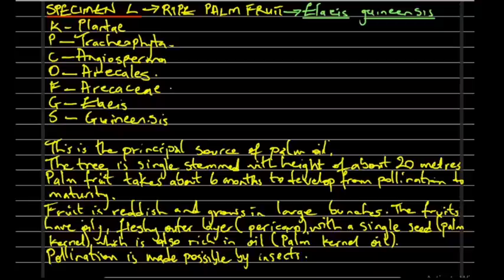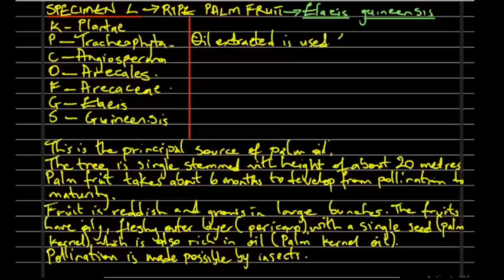Oil that is extracted from the pulp, or the palm oil, is used for cooking, like I said earlier on. The kernel oil is used for cooking as well.